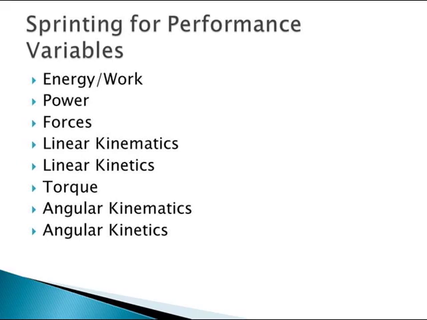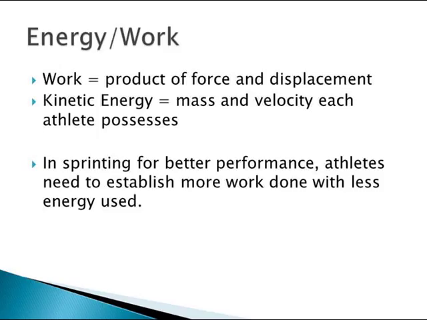Sprinting for performance deals with many variables including energy and work, power, forces, linear kinematics, linear kinetics, torque, angular kinematics, and angular kinetics. Work is the product of force and displacement, whereas kinetic energy depends on mass and velocity, which each athlete possesses.